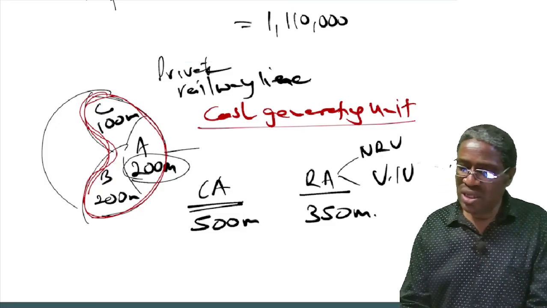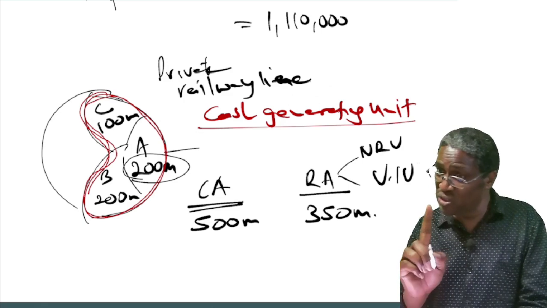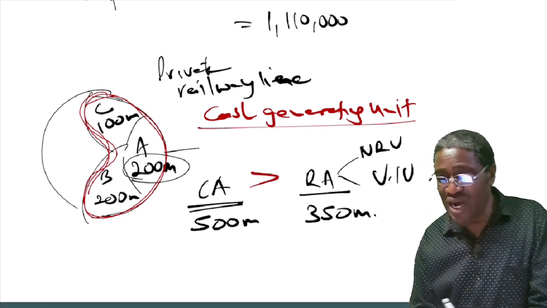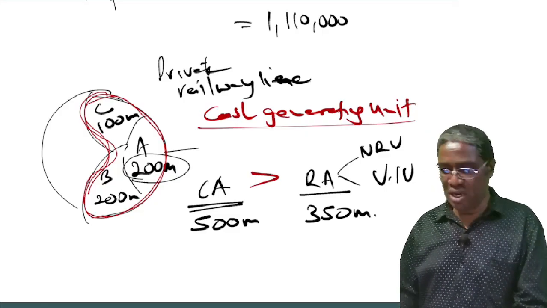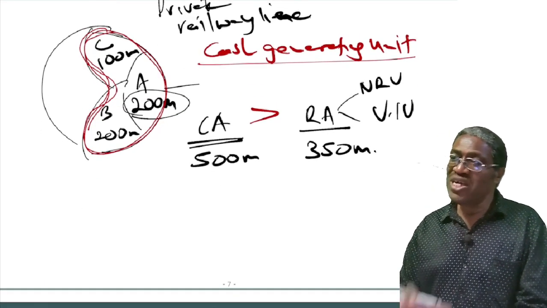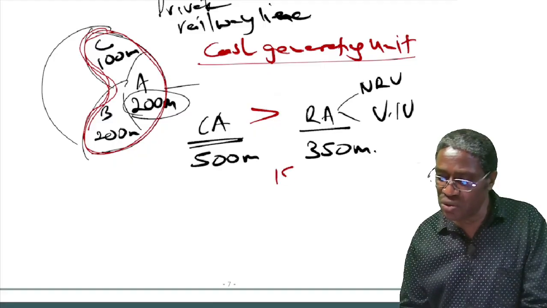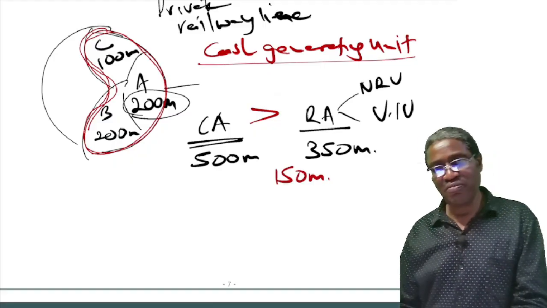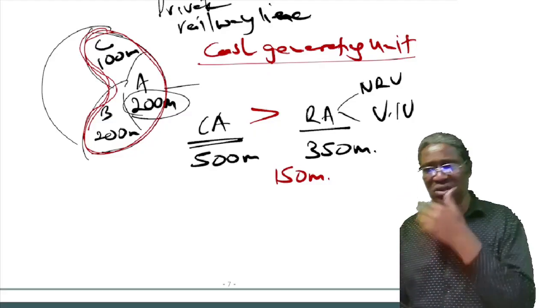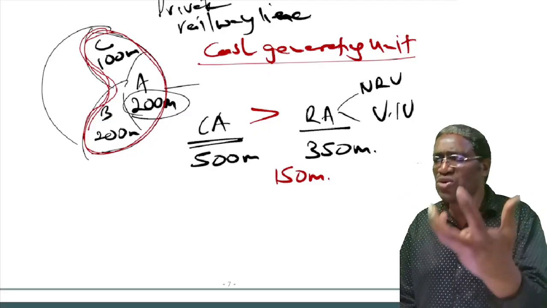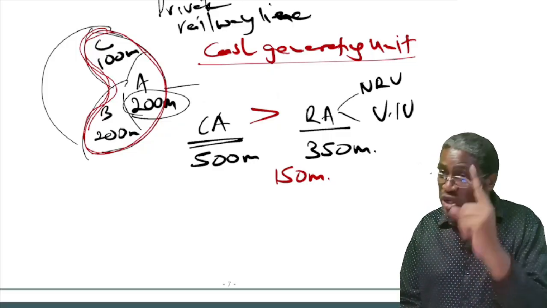Because we said an asset is said to have suffered an impairment loss if the carrying amount of the asset is higher than its recoverable amount. So from here, we realize that the unit has suffered a loss of how much? 150 million.